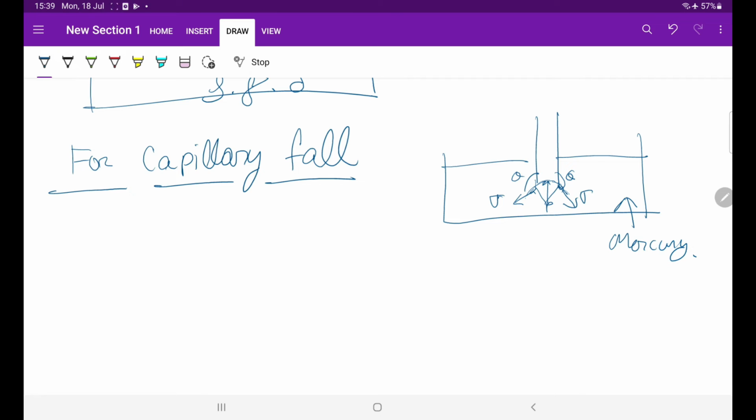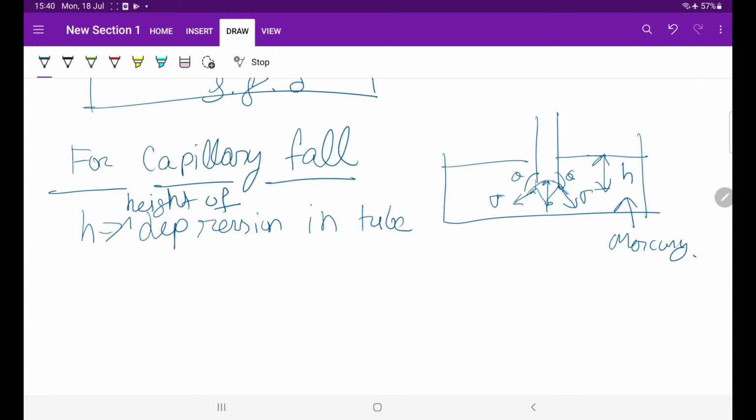So this is the fall example. In this case h will be the depression in the tube, right? This is the h, the height of depression in the tube.